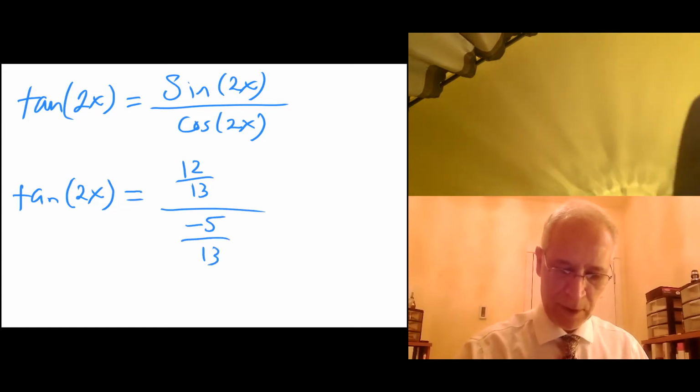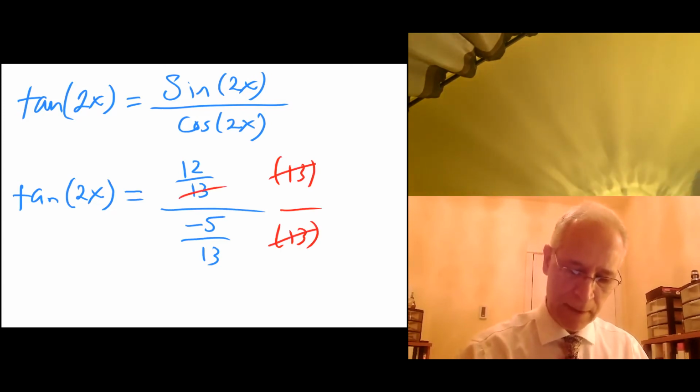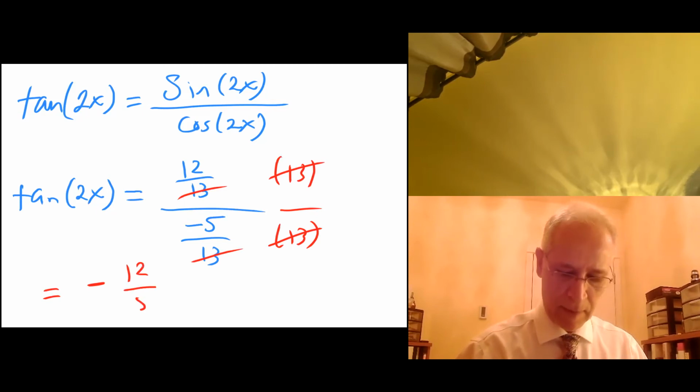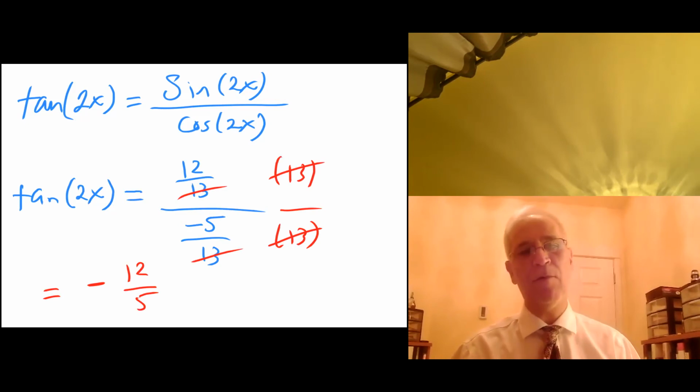Now I can multiply top and bottom by 13. So cancel, cancel. I'm left with negative 12 over 5. So tangent of 2x is negative 12 over 5.